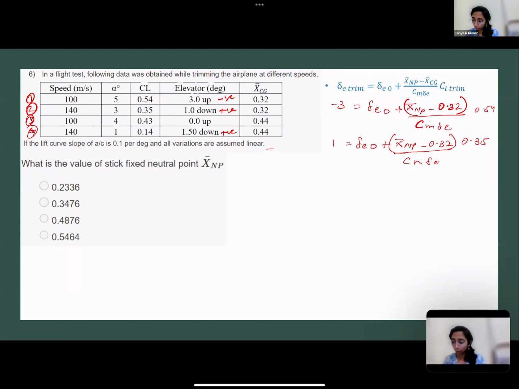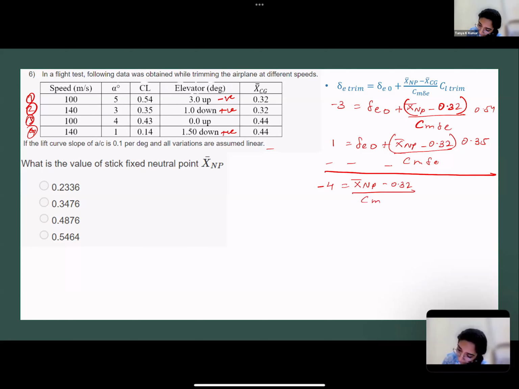How do we go about solving it? I subtract the second equation from the first. What do I get? I get -4 equal to X bar NP minus 0.32 by CM delta E into 0.54 minus 0.35.